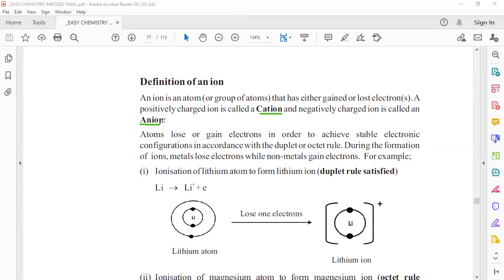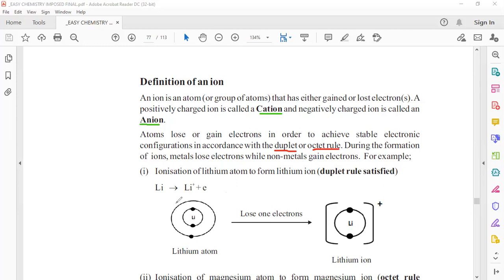And by stability, we mean an atom should either achieve the duplet or the octet rule. So stability is attributed to achieving the duplet or the octet rule. Duplet is when you lose or gain electrons and you have two electrons in the outermost shell.